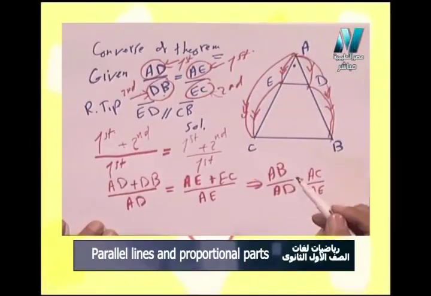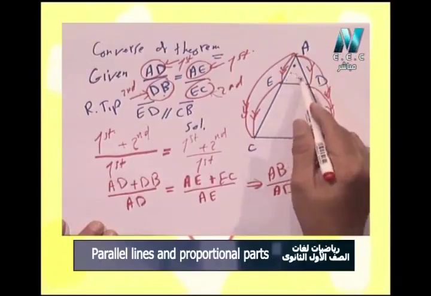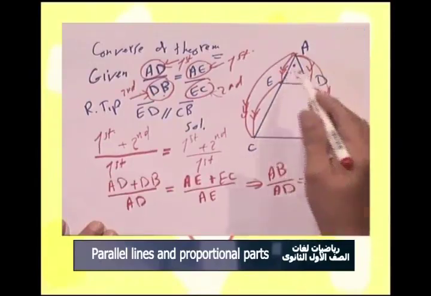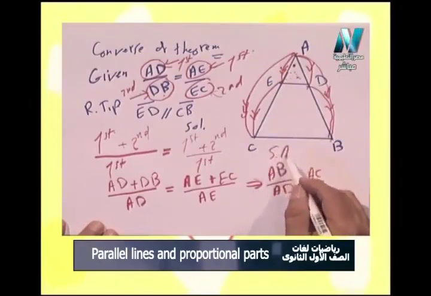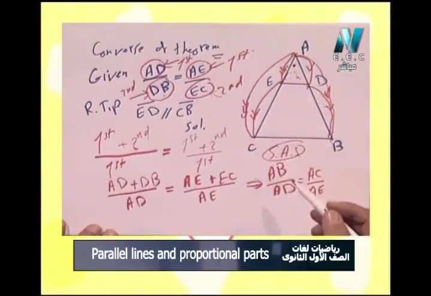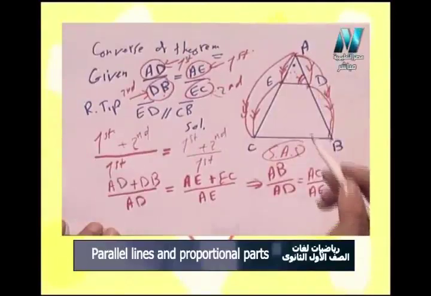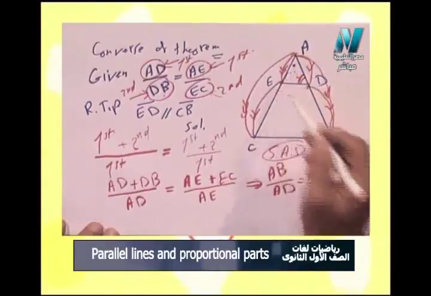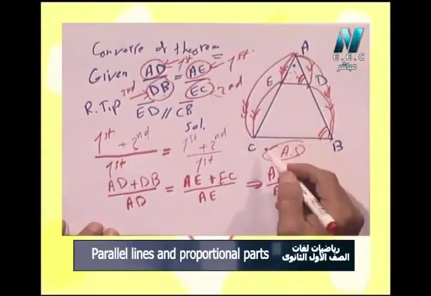From similarity, this triangle will be similar to the whole triangle by using side, included angle, and side. So the two triangles here will be similar. So we can deduce that measure angle ADE equals measure angle ABC.